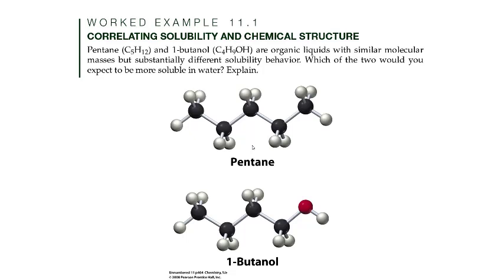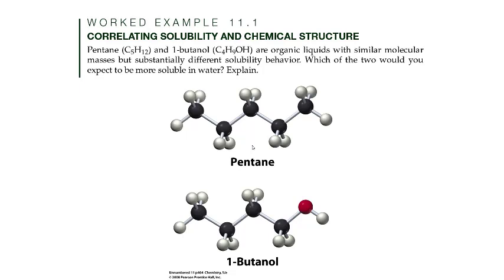So let's take a look at an example of solubility. This goes back to our statement at the beginning of our discussion of solubility that like dissolves like, and unlike substances are not going to dissolve. Remember I told you that polar molecules will be dissolved in polar solvents, and nonpolar molecules will be dissolved in nonpolar solvents.